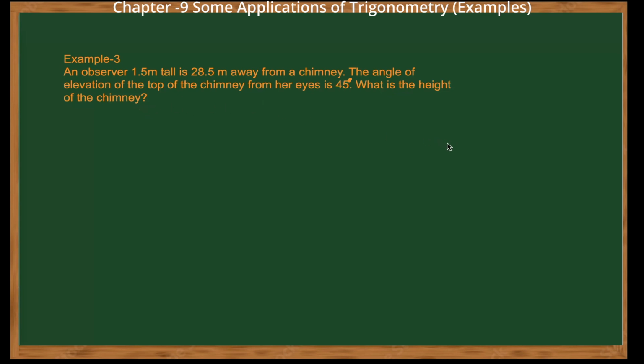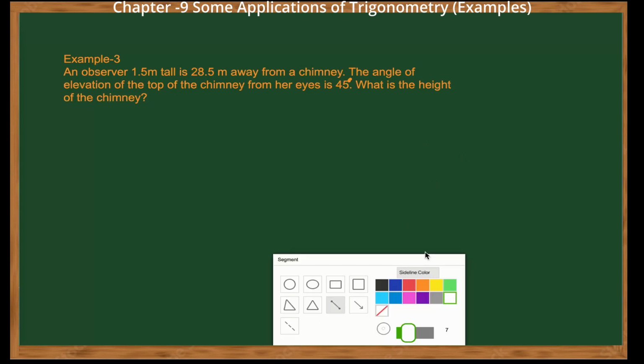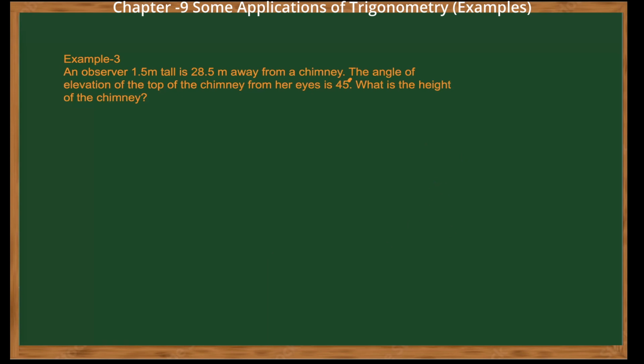So there is a chimney. From the given data, we have a person who is 1.5 meter tall, so let's assume this is 1.5 meter.